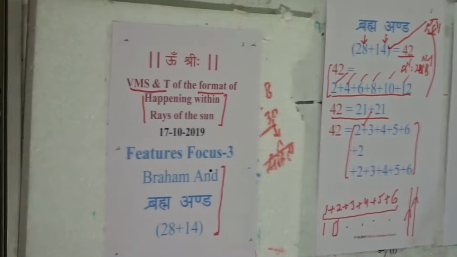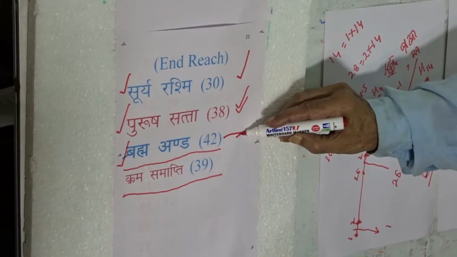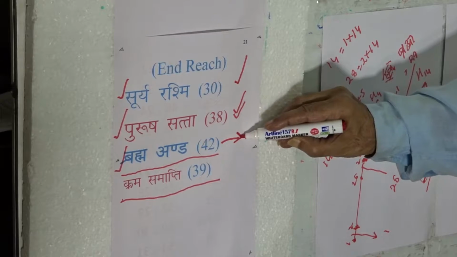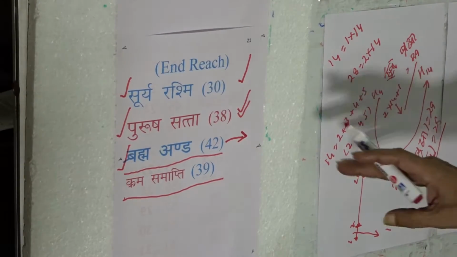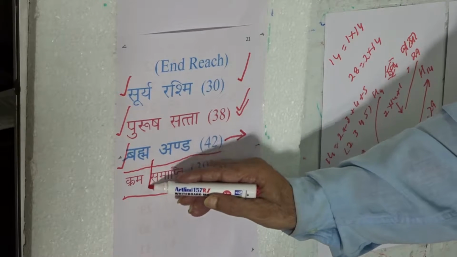It is this reach which is the end reach, and this end reach is the Kram Samapti.